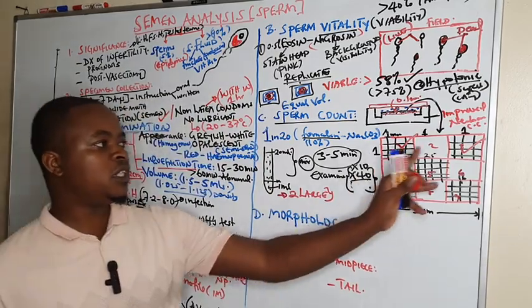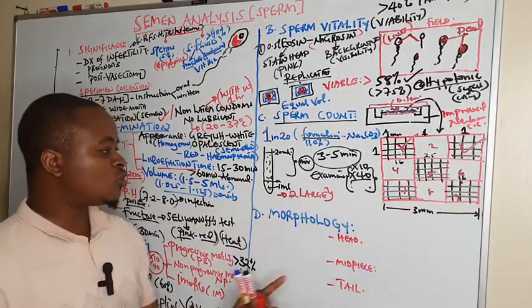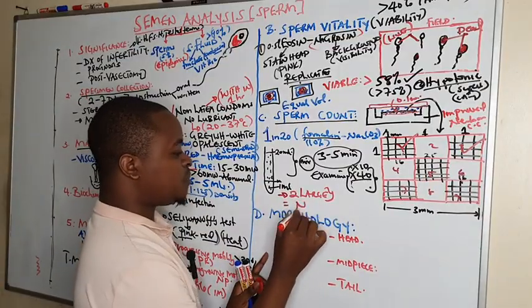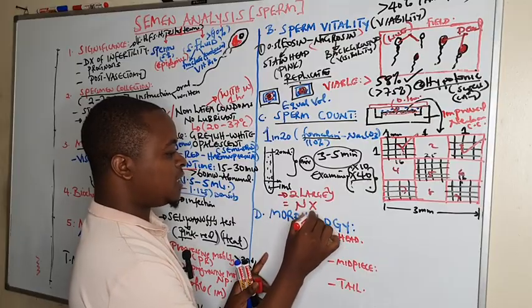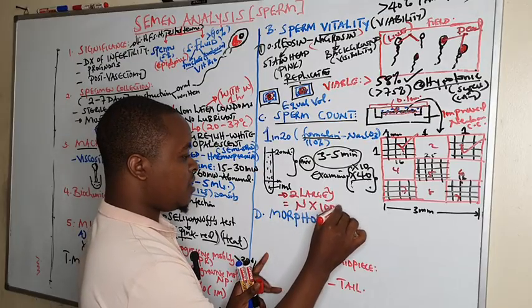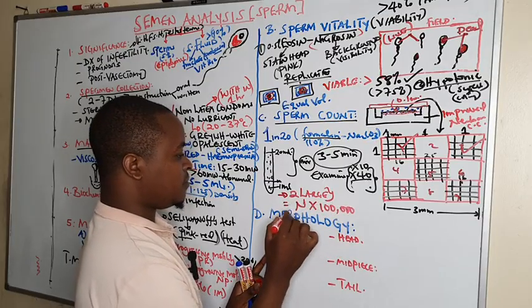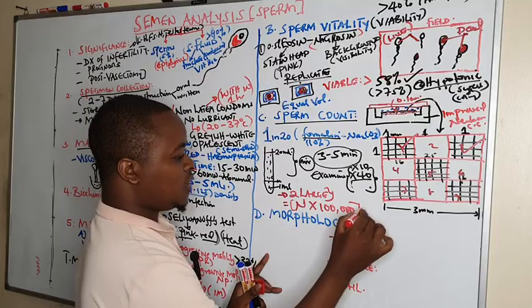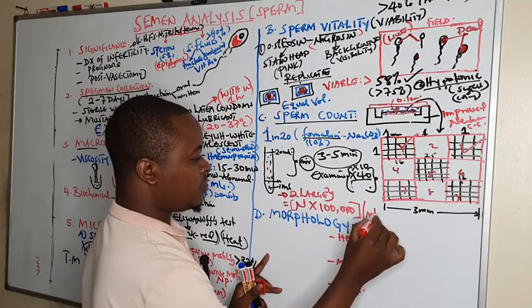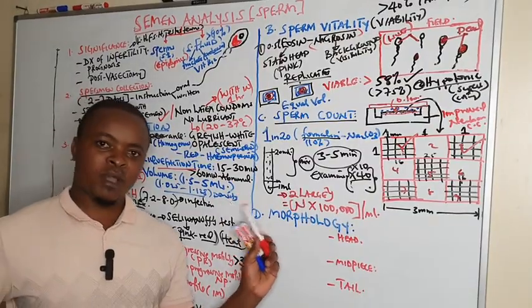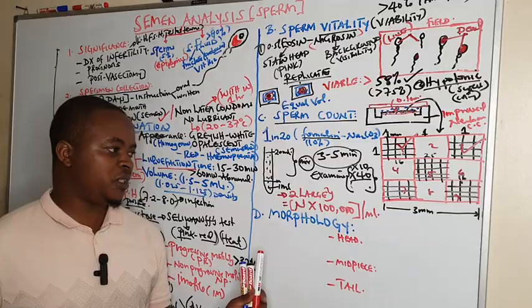So we count in the 2 large squares. Then the number of sperms counted, we multiply by 100,000. This is one method. And this one will be in per mil.